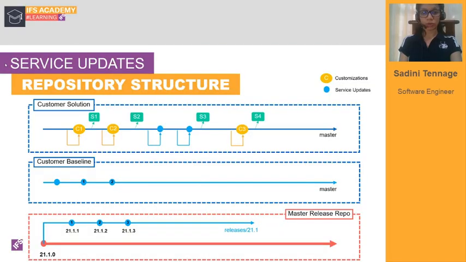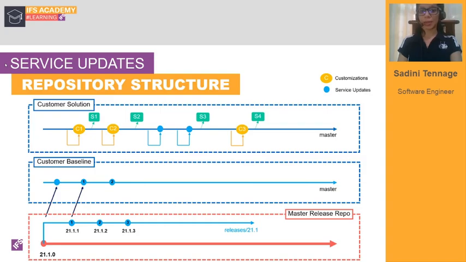The Git repository structure of a cloud build place. A cloud build place will mainly consist of two repositories, the customer baseline repository and the customer solution repository. When a service update is released, it will be available in the IFS master release repository. When a customer requests a service update, it will first be fetched from the IFS master release repository onto the customer baseline repository.